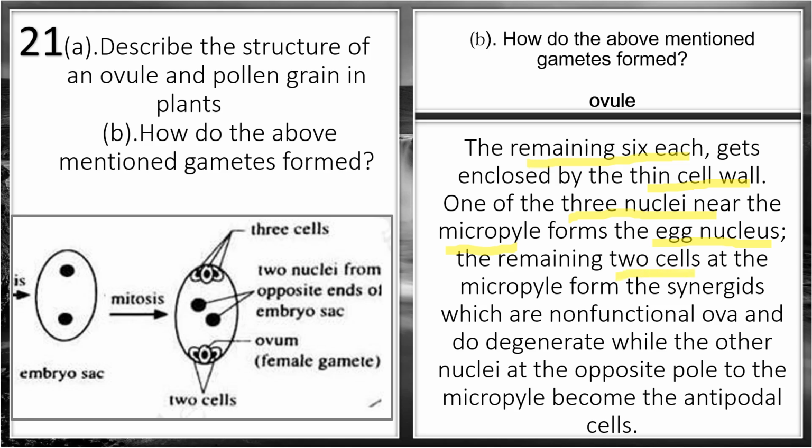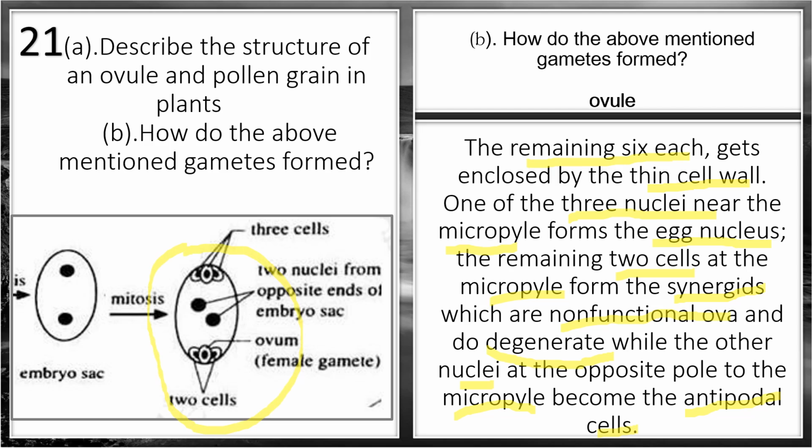The remaining 2 at the micropyle form the synergids, which are non-functional ova and do degenerate, while the other nuclei at the opposite pole to the micropyle become the antipodal cells. So here we have got our embryo sac.